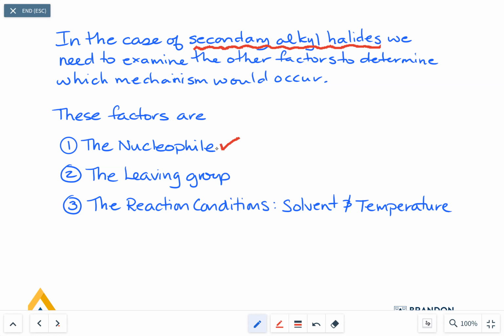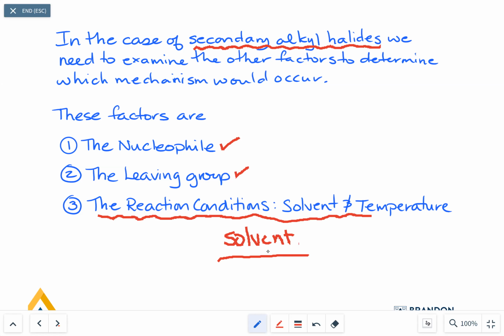One will be the nucleophile. Another one will be the leaving group. And a super important one is going to be the temperature and the reaction conditions. And the solvent is going to be critical for this. The solvent's really going to play a major role.